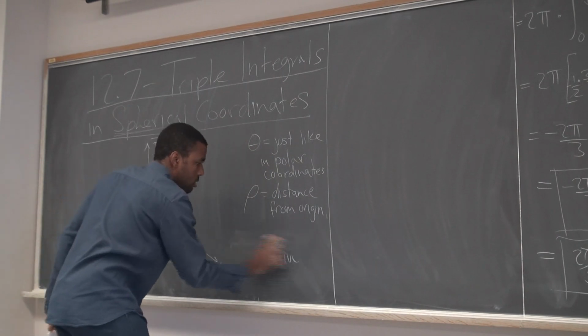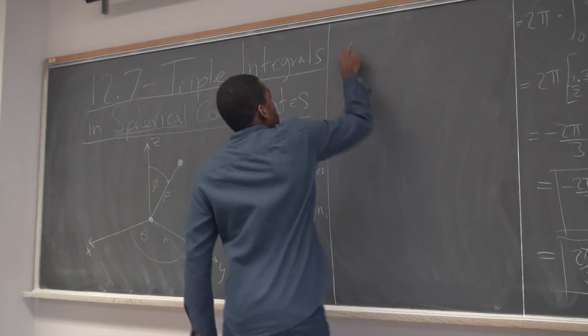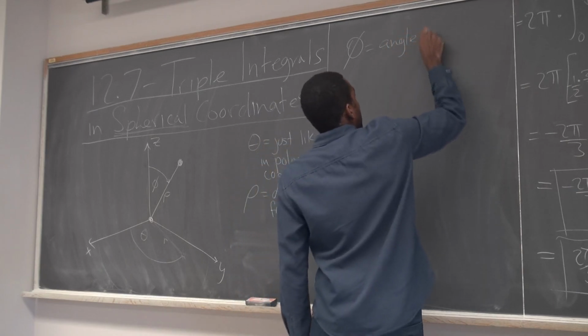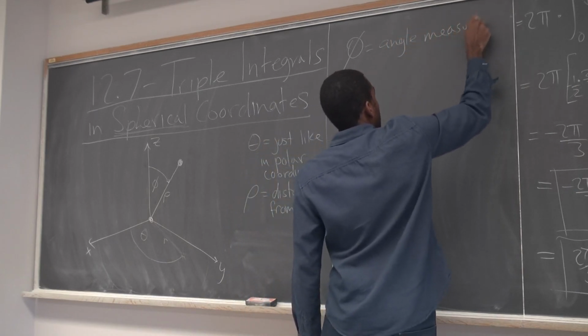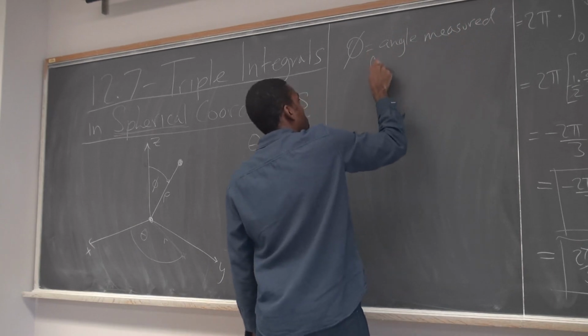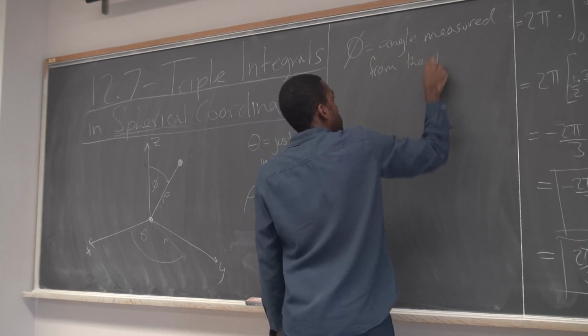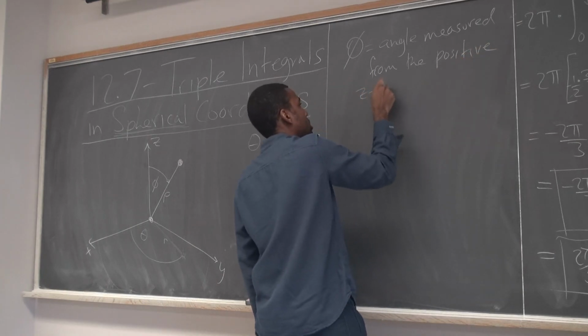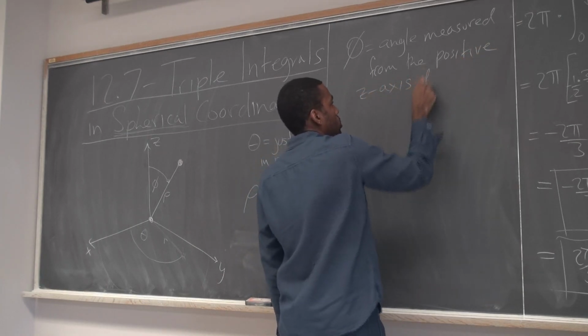Phi is an angle measured from the positive z-axis downward.